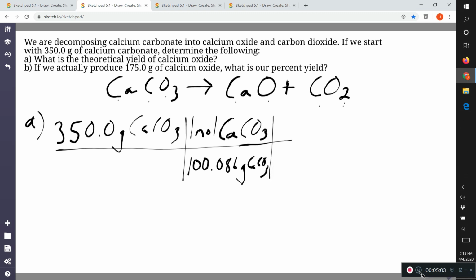Now we have to go from moles of calcium carbonate to moles of what we are looking for, which is calcium oxide. So because there are ones as our coefficients, it turns out that 1 mole of calcium carbonate is 1 mole of calcium oxide.